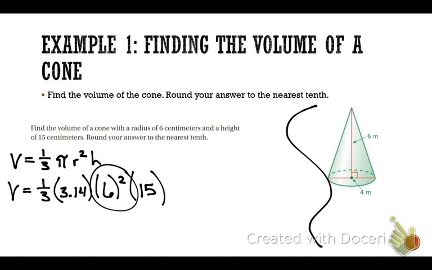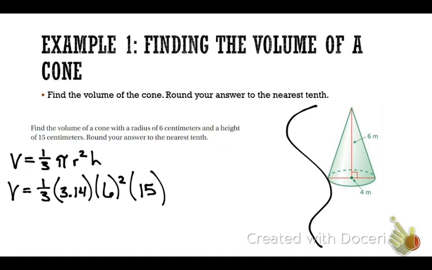36. It's 36. So what I want you to do, guys, is I want you to multiply everything first before we do the 1/3. Okay? So go ahead and multiply 3.14 times 36 times 15.